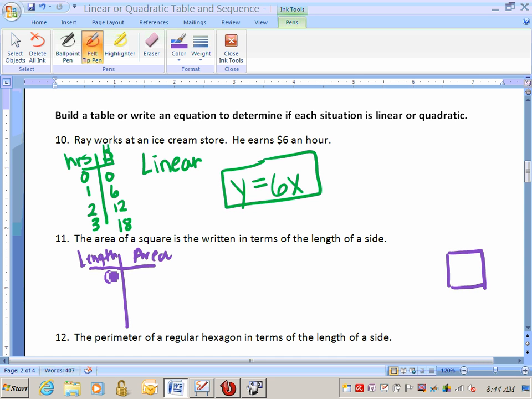So if the length is 0, area will be 0. If length is 1, area will be 1, right? 1 times 1 would be 1. Because area is length squared, right? 2 would be? 3 would be?